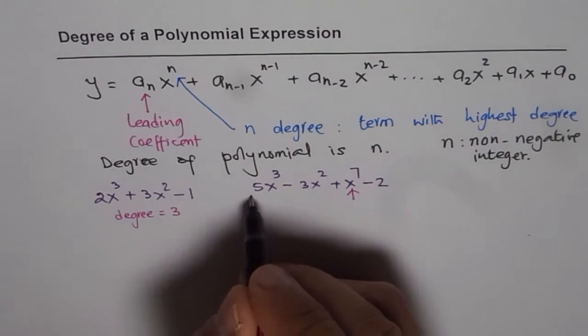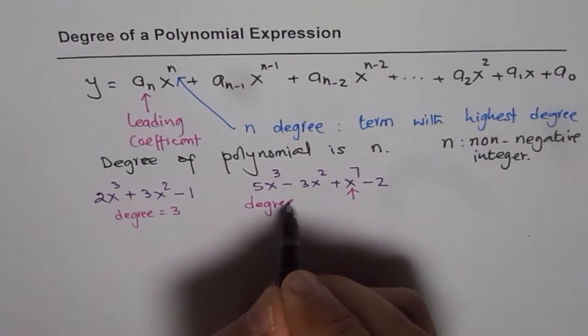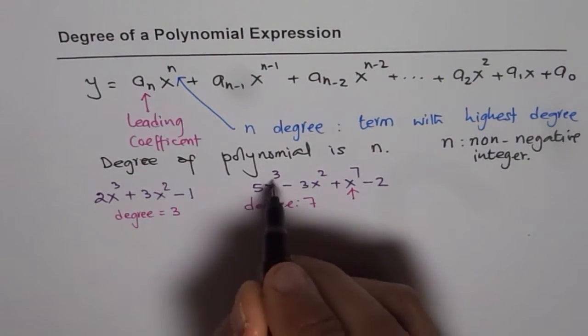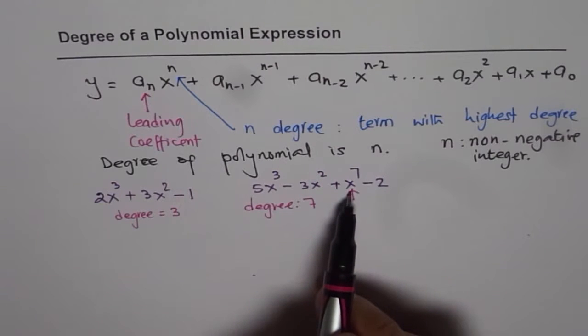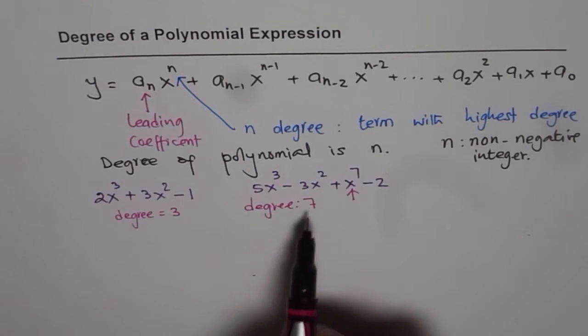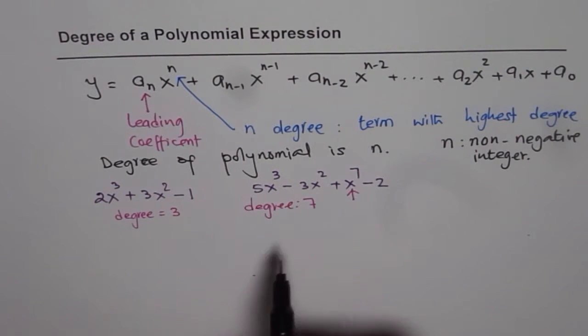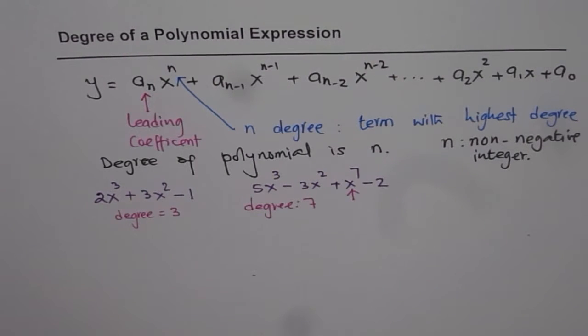Now here, the degree of the polynomial should be equal to 7. It's not 3. That term may be written first, but it is not the one with the highest degree. The term with the highest degree is x to the power of 7. 7 is the degree of this polynomial, correct? So that is how you can find the degree of a polynomial.